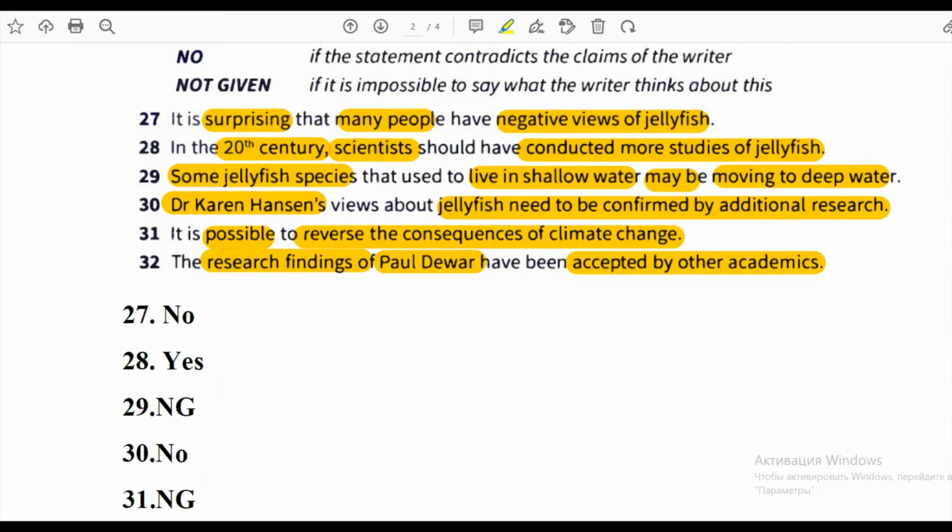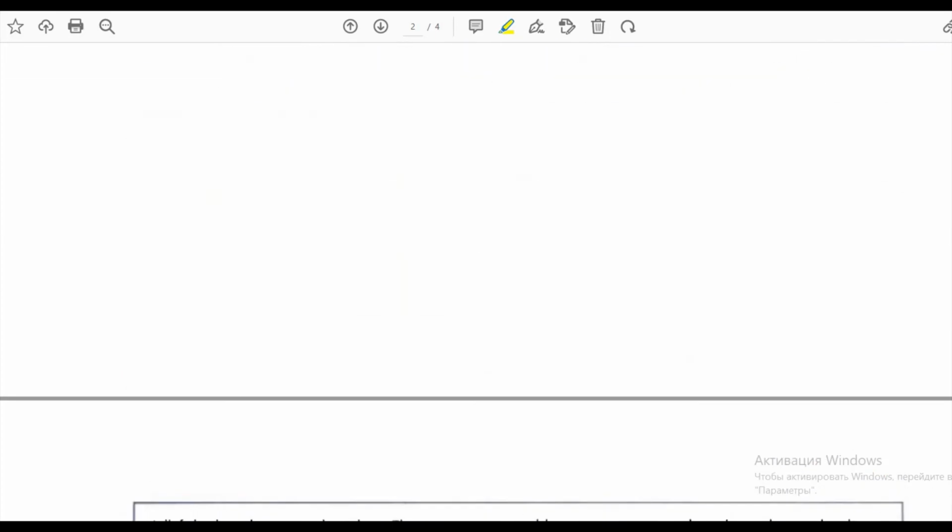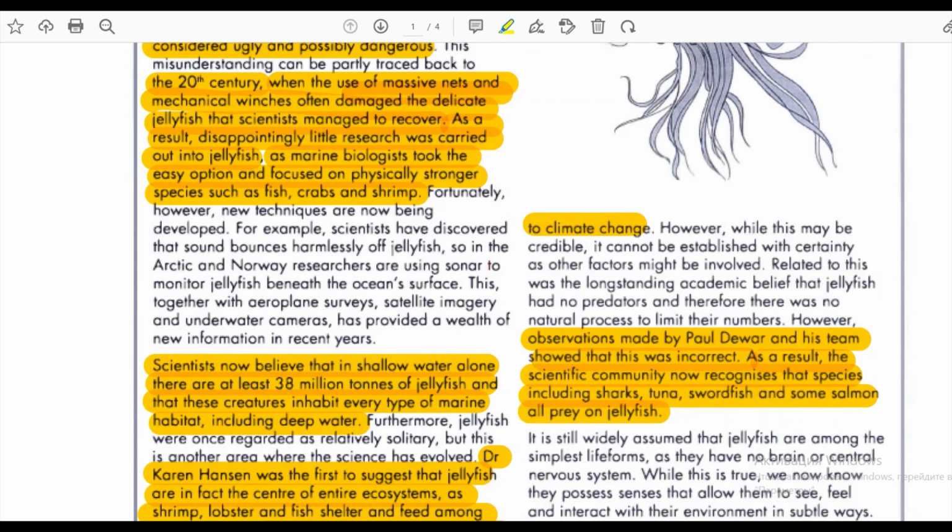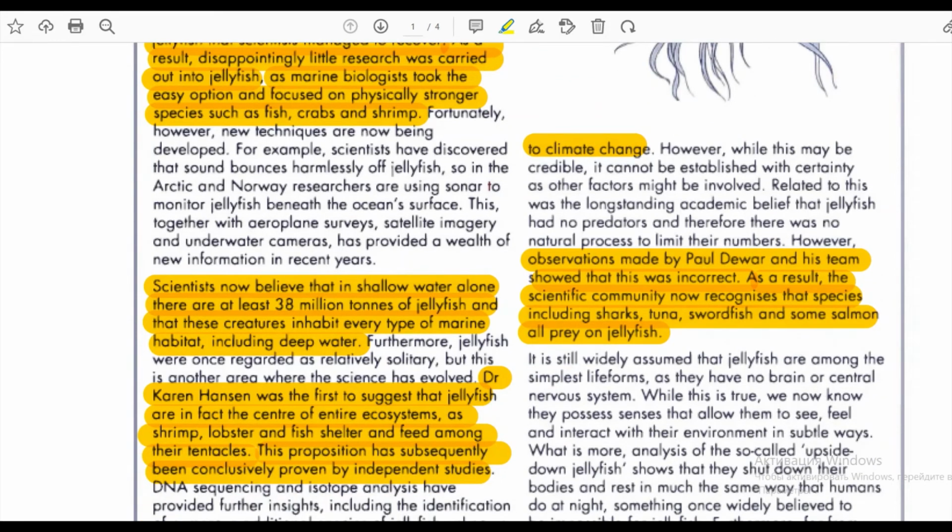The research findings of Paul Devar have been accepted by other academics. Research findings of Paul Devar accepted by other academics are locators. Let's go once again to the third paragraph of the passage. And here it is. Observations made by Paul Devar and his team showed that this was incorrect.